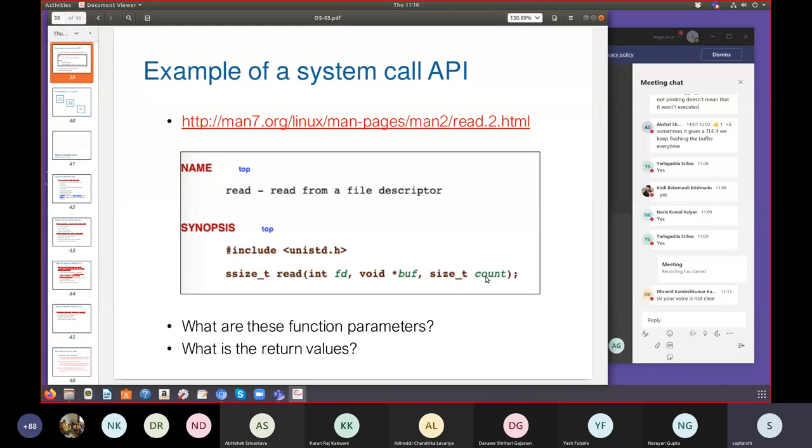So count number of bytes will be read from this file descriptor and stored in the memory location pointed to by buf. This is a simple API which the operating system is giving us to do the read system call. The underlying details we do not need to know, though we have discussed a bit yesterday.